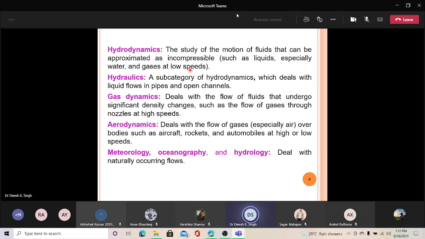They are separate subjects, because each is itself a vast area, and some, like aerodynamics, are so vast that there is a separate department. But all of these are related to fluid mechanics.